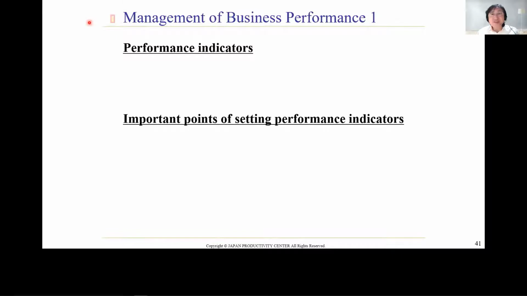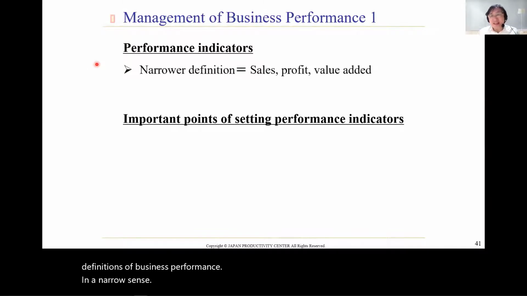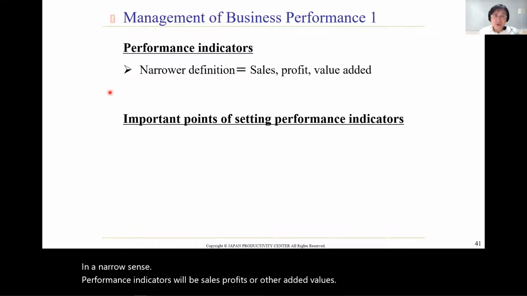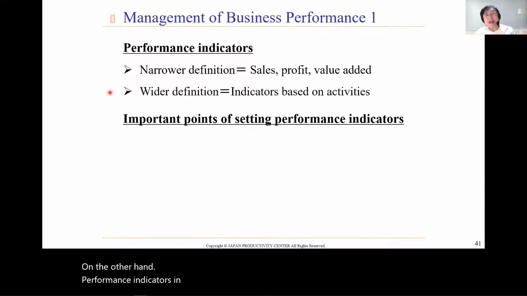So, performance indicators are something that should be set according to the previous definitions of business performance. In a narrow sense, performance indicators will be sales, profits, or other added values. On the other hand, performance indicators in a broader sense will be set throughout the whole business activities.